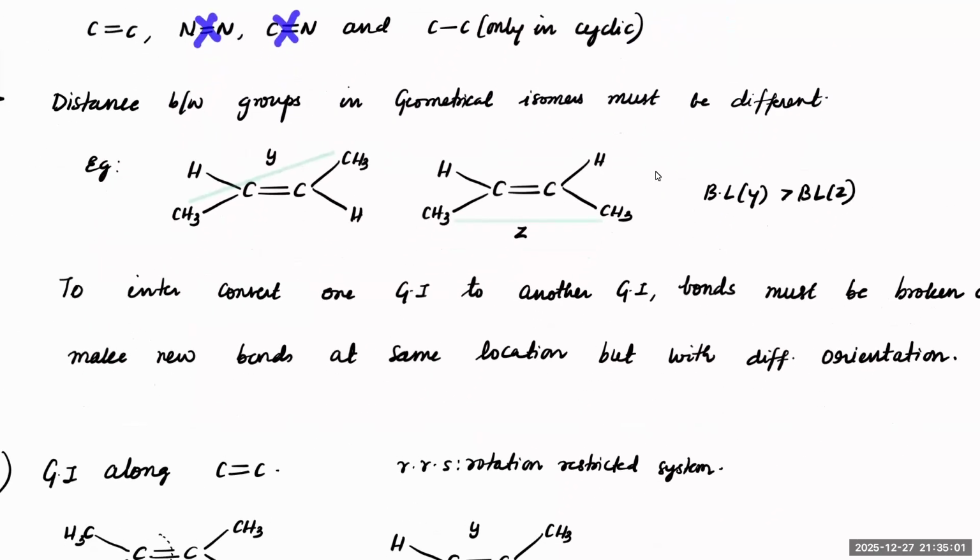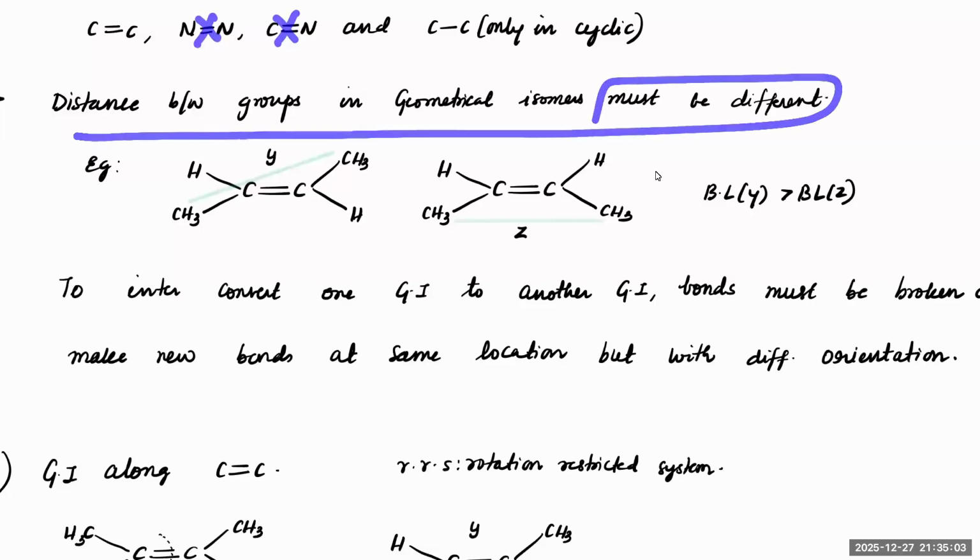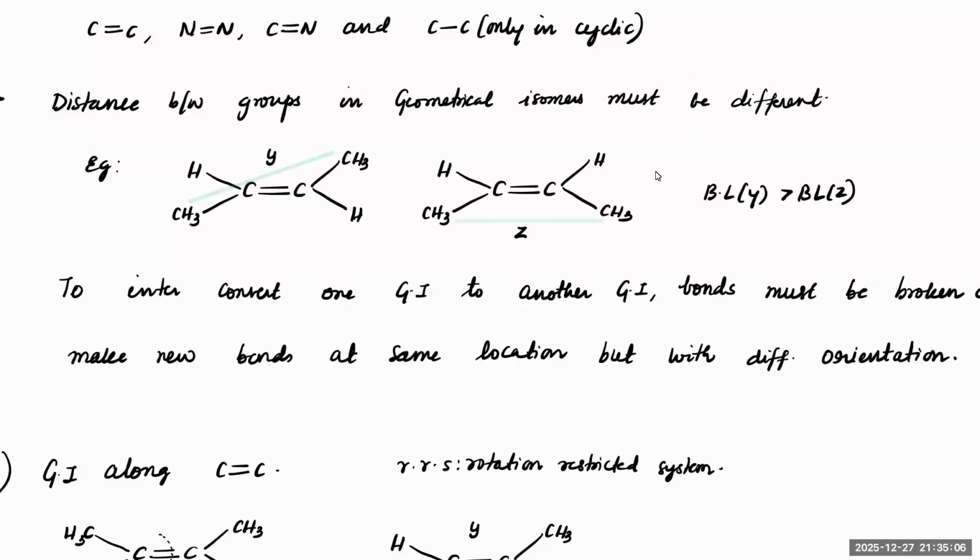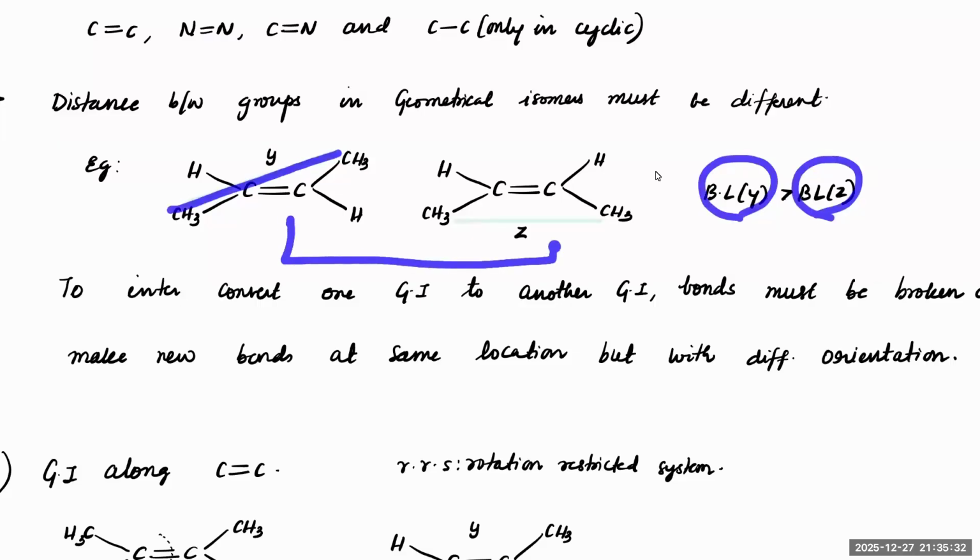Second thing, the distance between the groups across the RRS, that means the rotation restricted system. If the distance between any two reference groups is different, for example, methyls have a distance of y units here, and here methyls have a distance of z units here, and you know that there is a restricted system across these two points, in that case you can clearly make out that the distance y is longer than z, which means I can say these two are geometrical isomers.